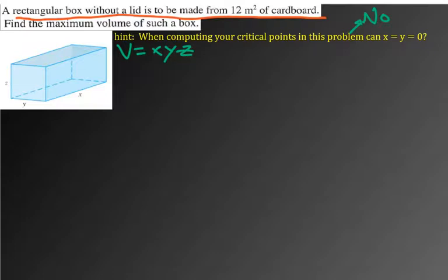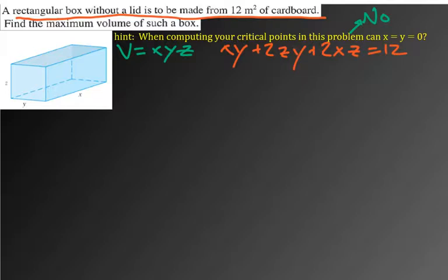And then we know that if we multiply xy, the base, and we add that to 2zy, so the two ends in a sense, and then we add to that 2xz, which is the other two sides, like this side and the side back there, all that needs to be 12, right? There's no top to it.